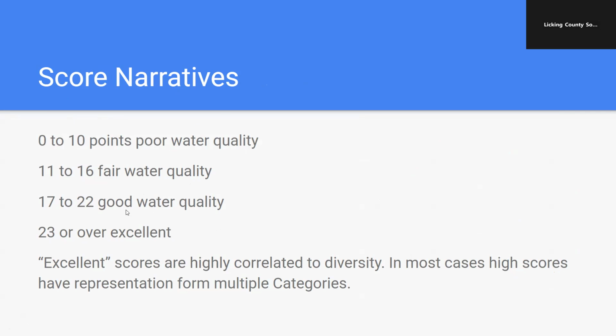These generally align with the metrics that the Ohio EPA uses to determine water quality for macroinvertebrates, but theirs are a lot more in depth than ours, as they go to species level and count individual species for each group.